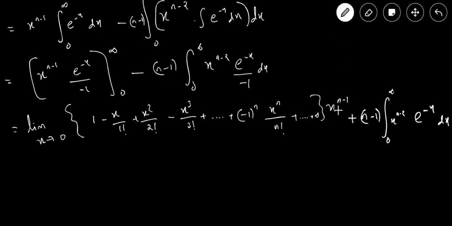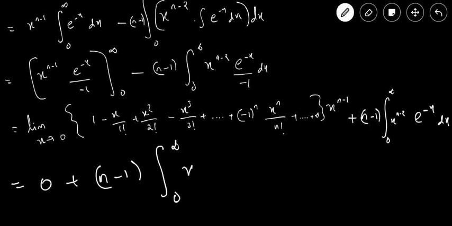If you substitute this x raised to n minus 1 over here, and if x tends to 0, the first term becomes x raised to n minus 1 and the second term becomes x raised to n minus 2. Like that, if you substitute for x, the whole series will give the value of 0. So 0 plus n minus 1 times integral of 0 to infinity x raised to n minus 2 e raised to minus x dx.